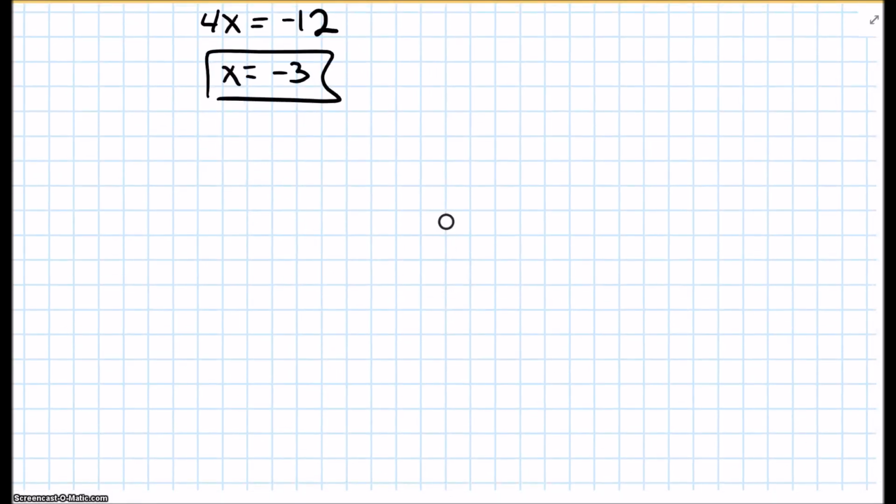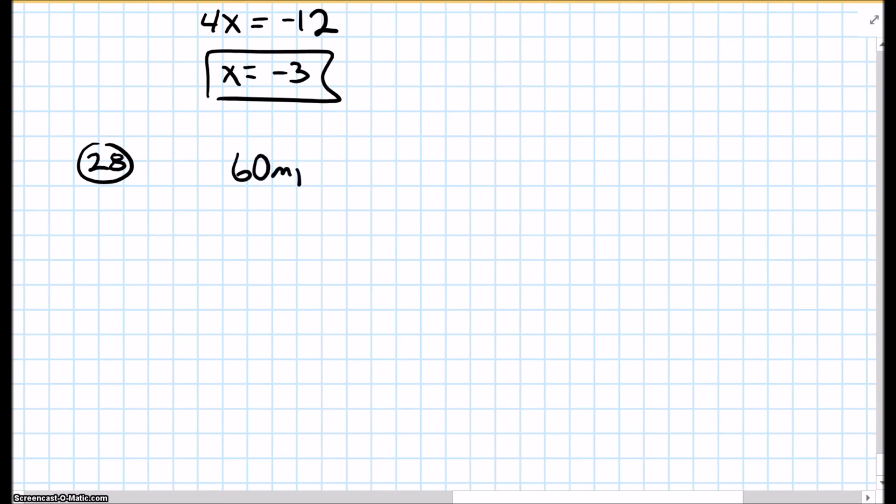28. We got a word problem. A speed of 60 miles per hour is equal to 88 feet per second. Find the speed in miles per hour of an aircraft traveling 1,000 feet per second. All right, we can just cross multiply.